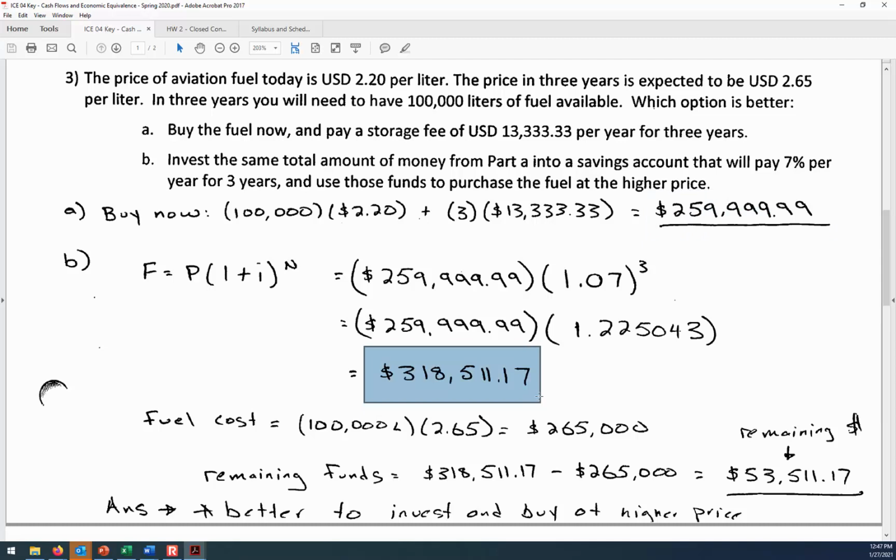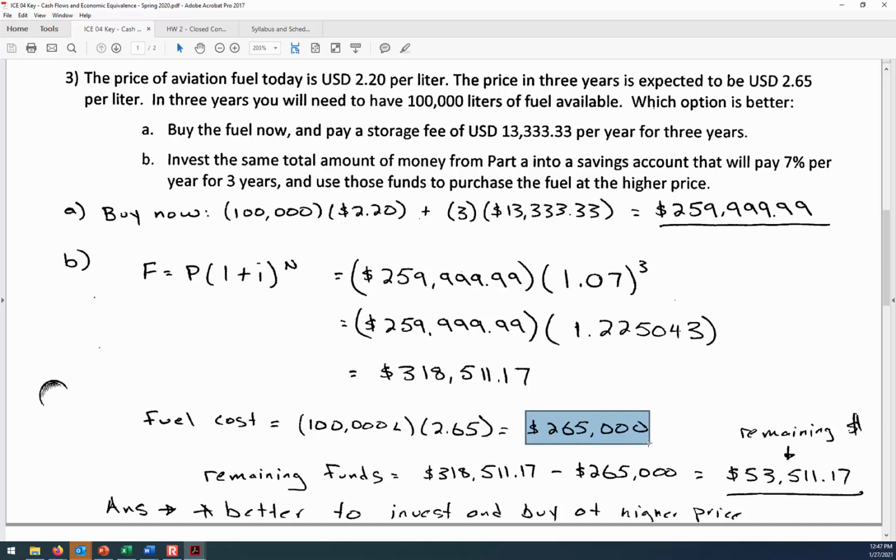So this is now the money you have available, and the cost of the fuel would only be $265K, which means you're going to have leftover money. And the fact that you have leftover money is the indicator that it's better to invest the money and then buy the fuel at the higher price rather than to store it.